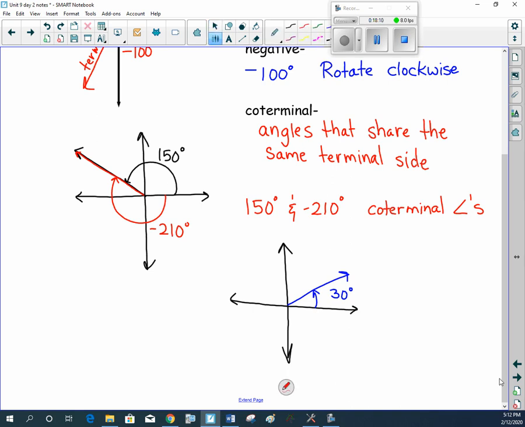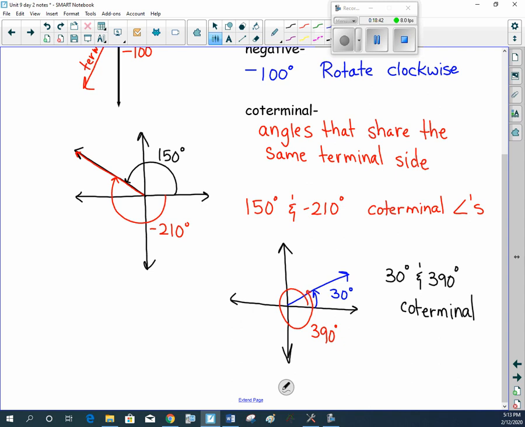So I'm going to start here, and I'm going to rotate all the way around. That's 360, and then I'm going to go 30 more. So 360 plus 30 would be 390. So the red rotation was 390. So you can say then that 30 degrees and 390 degrees are coterminal. They share the same terminal side.